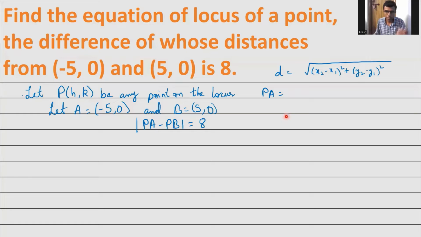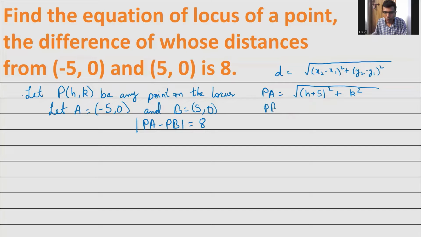So PA would be nothing but under root of (h minus of minus 5), and h minus of minus 5 would be h plus 5, whole square, plus (k minus 0) whole square, that means plus k square.